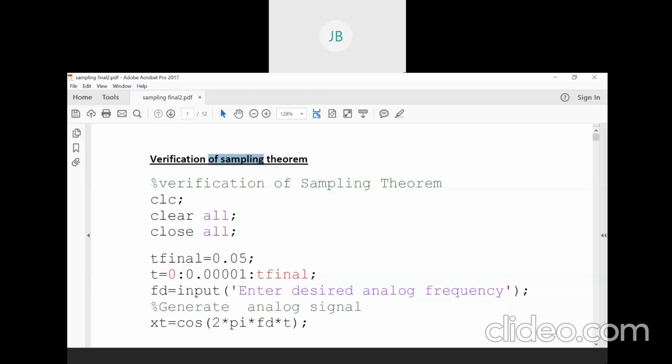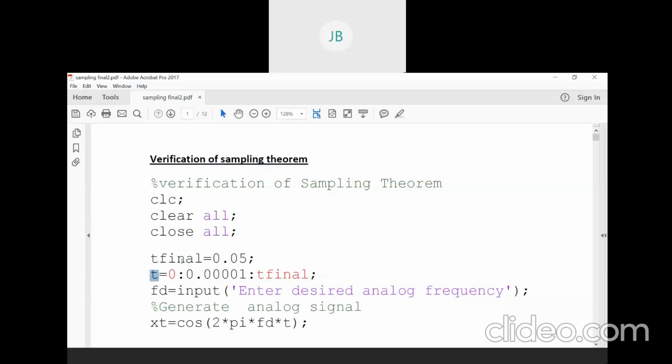In the first line, we have defined a variable t final. It has a value of 0.05, and we will be using this value later in the code. In the next line, time varies from 0 to t final. Basically we want to define different values for time.